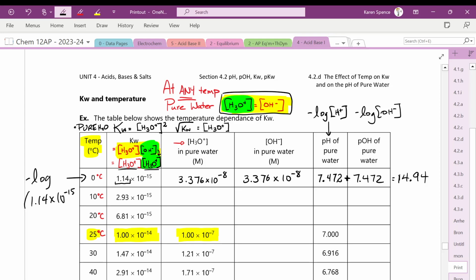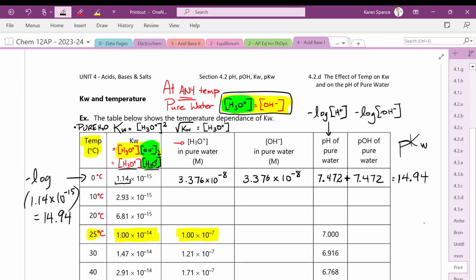What do we get? We get 14.94. So we still have pH plus pOH equals pKW. Yes? Okay, so we're going to add a new column over on the end. We're going to add our pKW.